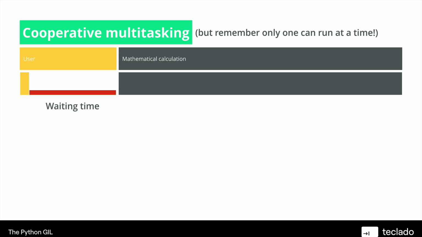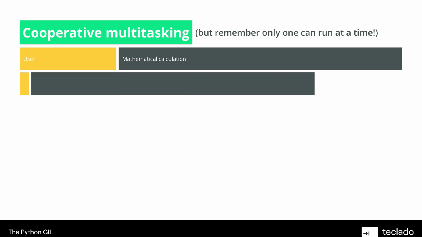Okay? Because now our threads are only running when there are things to do in the computer. When we are waiting for the user to type, or some data to come into our program from some place, we don't have to be waiting. We can be doing something else during that time.